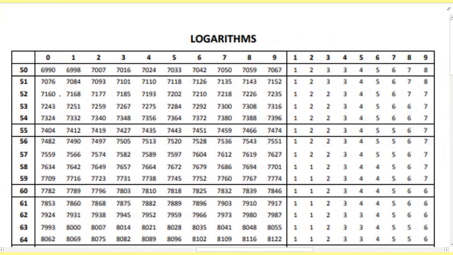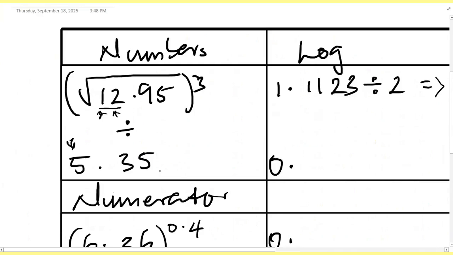So 53 under 5. Now 53, this is 53. Now under 5, so this is 5. If you trace down, you see that this is the line there. So I'm going to write 7284. That's the only number there. So we have 7, 2, 8, and 4.